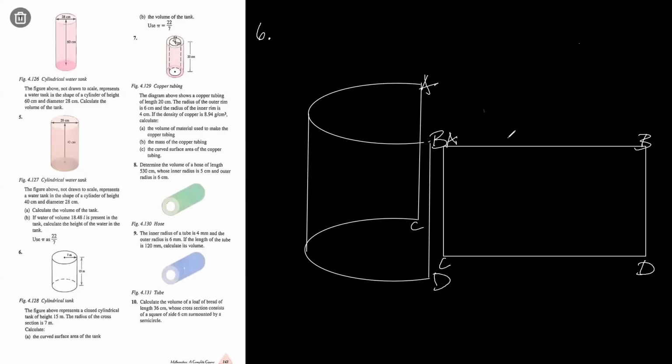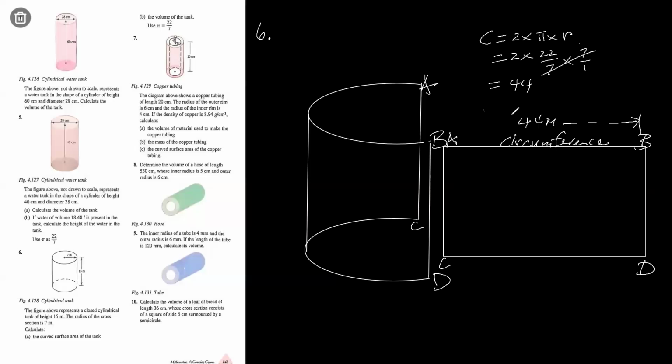So this AB is my circumference, which is C equal to 2 pi R. R is 7, so that'll give me 44. So this 44 is this length.